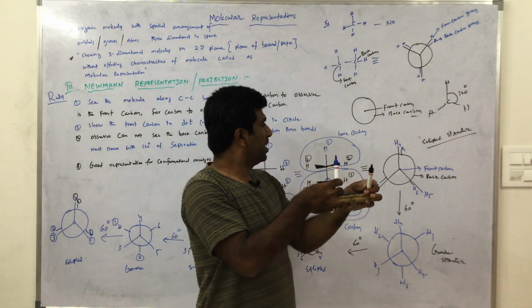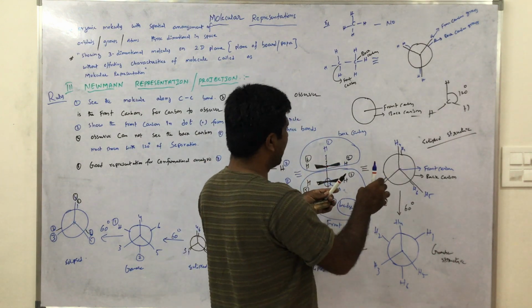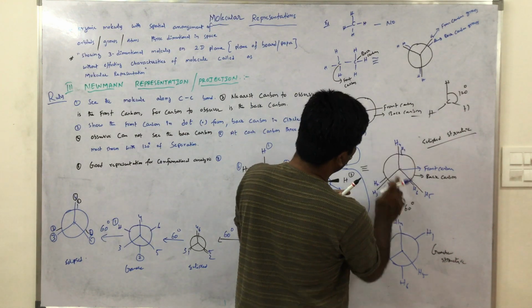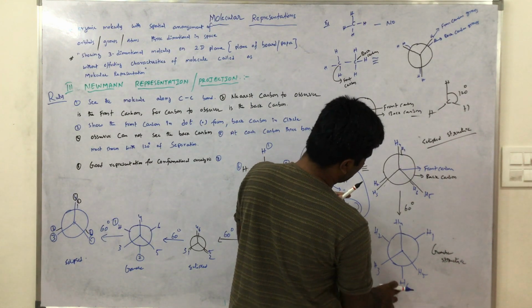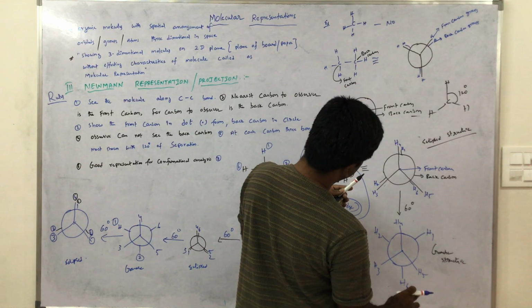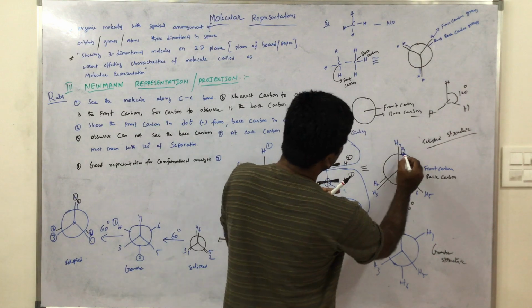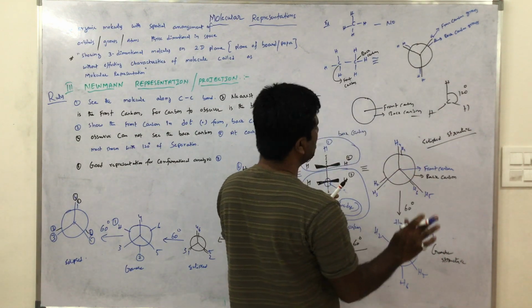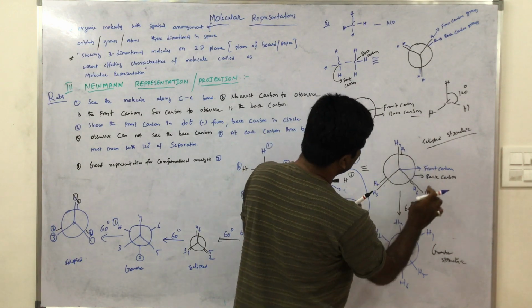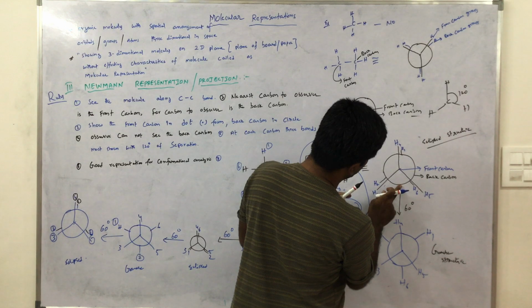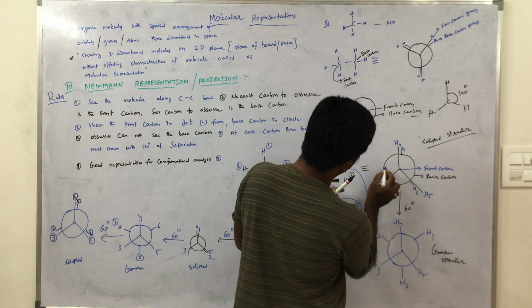Now the atoms move from one place to another. H4, H5, H3 are common. Now H1 comes here by 60 degrees only. H1 comes here, H6 comes here, H2 comes here.